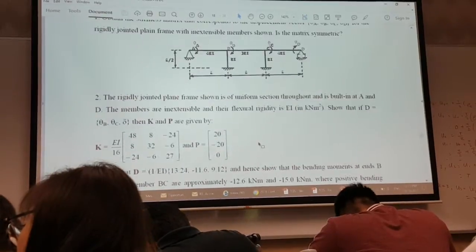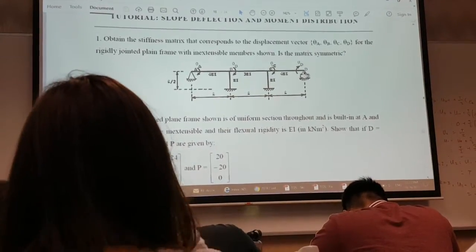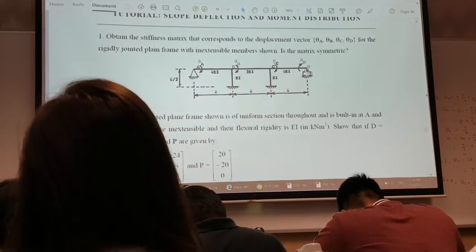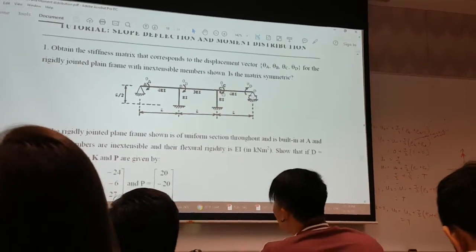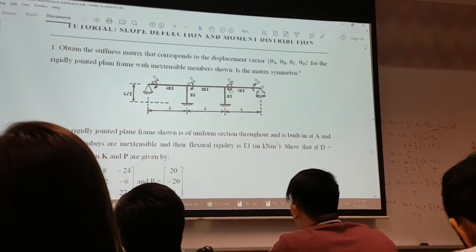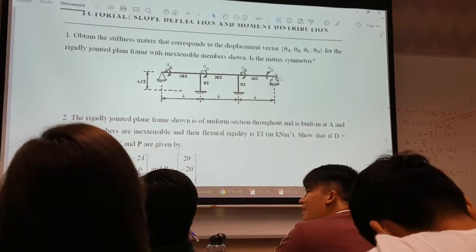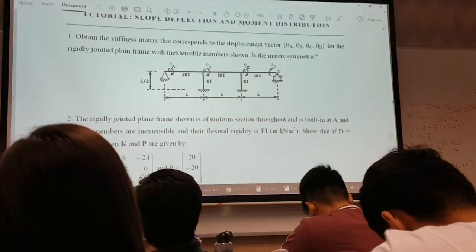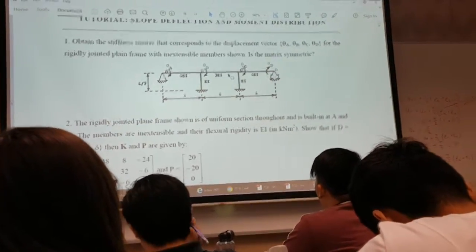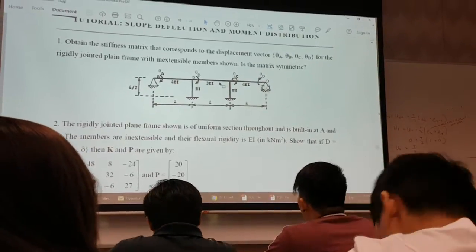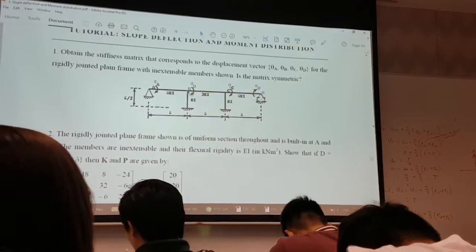If you come back to the first example, only A and D are the pin ends, so the alpha will be 3/4. But B and C will be considered fixed, built-in ends, so the alpha has to be 1.